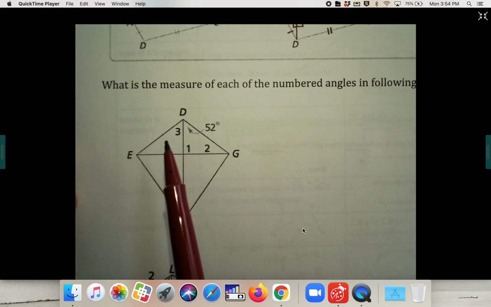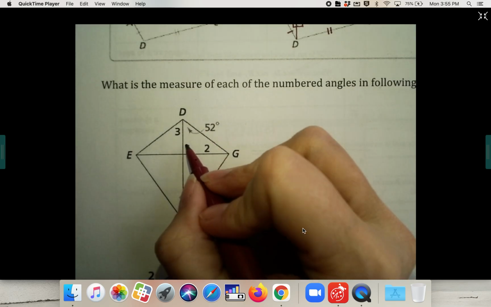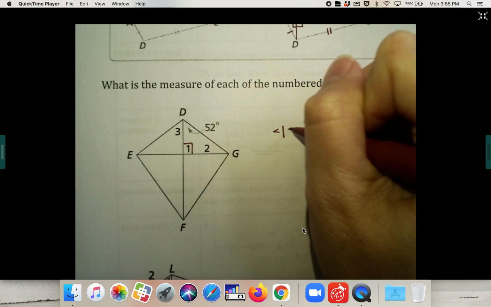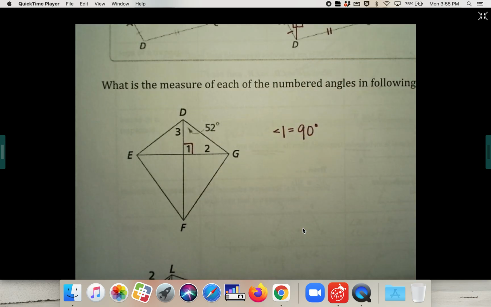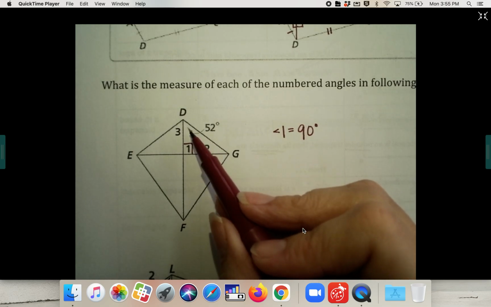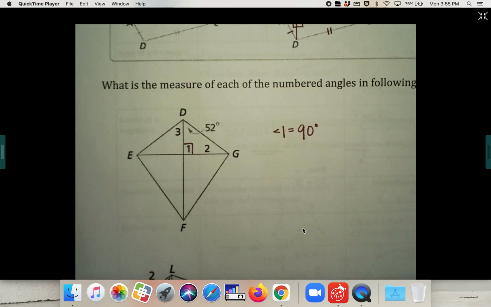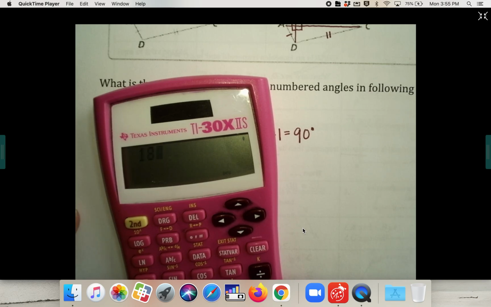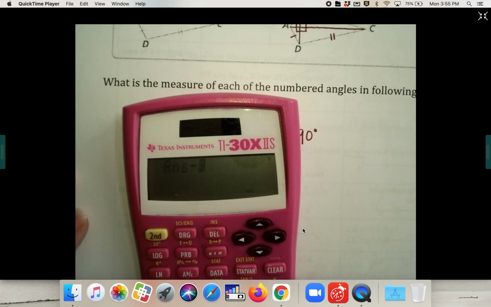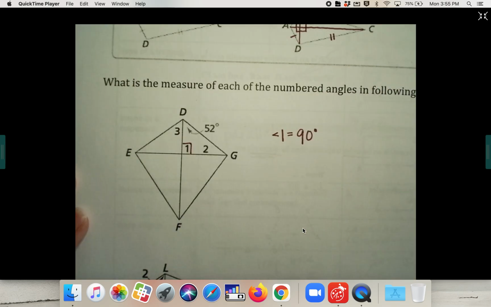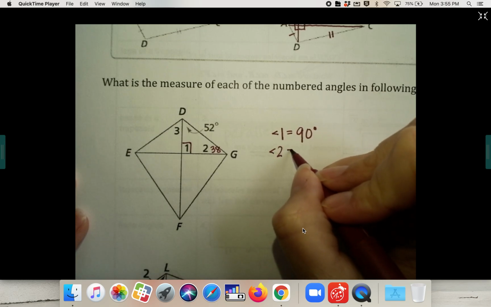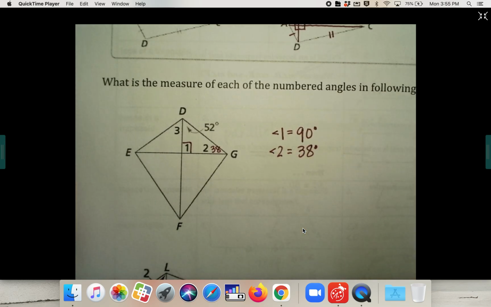Here we go with some practice on kites. What is the measure of each numbered angle? Well, angle 1, since this is a kite, has to be 90 degrees. Angle 2, if this is 52, we can just subtract from 180 because this is a triangle. So 180 minus 90 minus 52 equals 38. So angle 2 would measure 38 degrees.